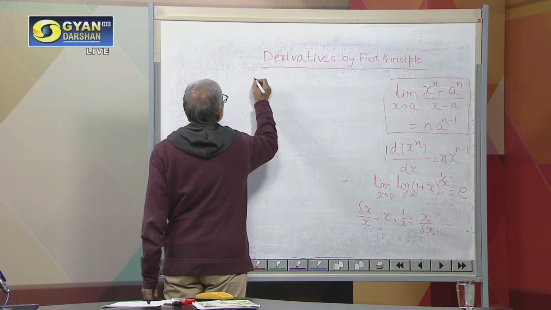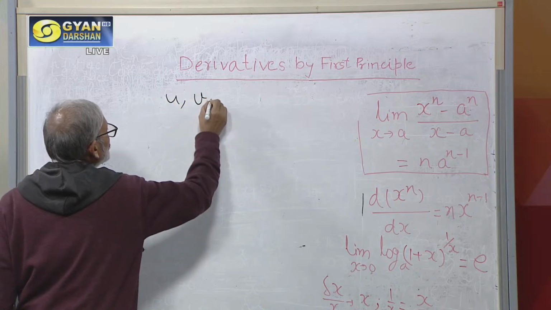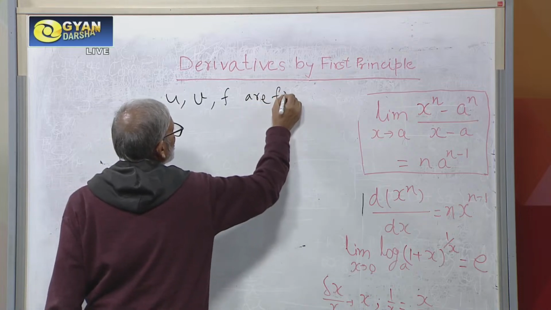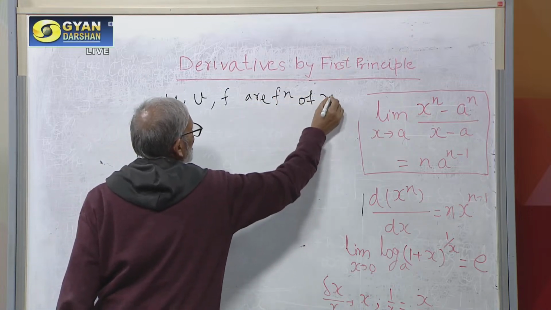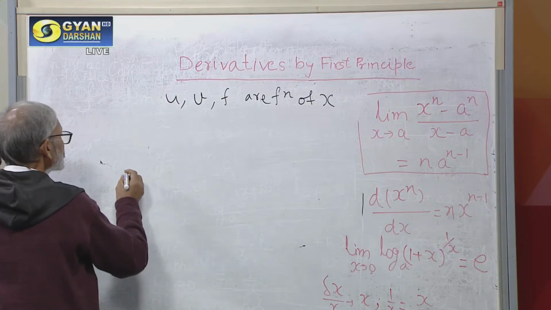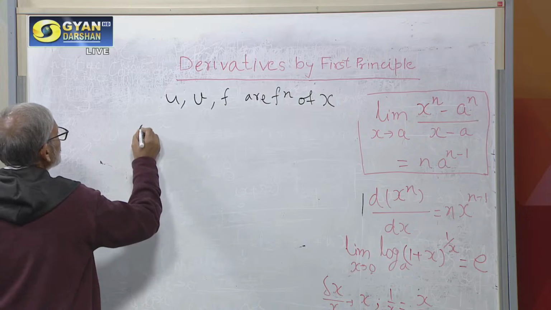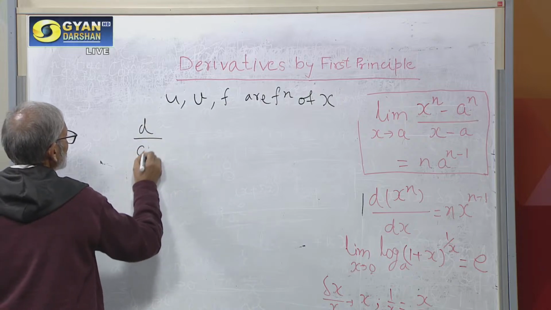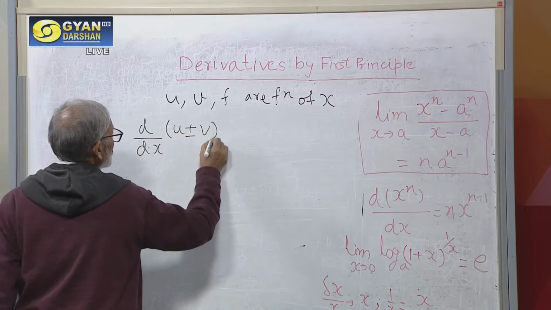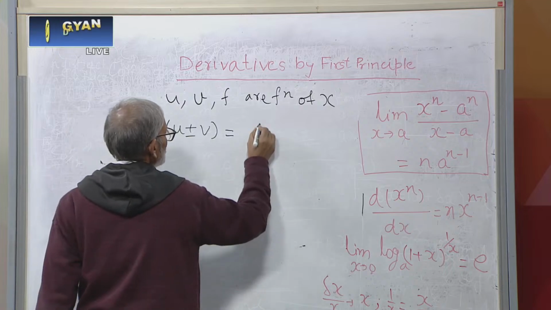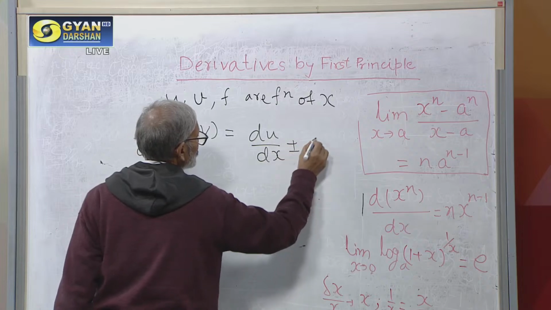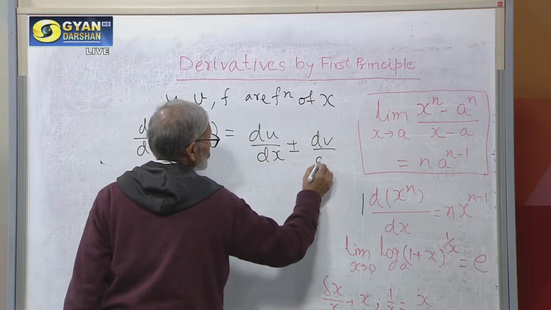Suppose u, v and f are functions of x. So, d by dx of u plus minus v will be equal to du by dx plus minus dv by dx.